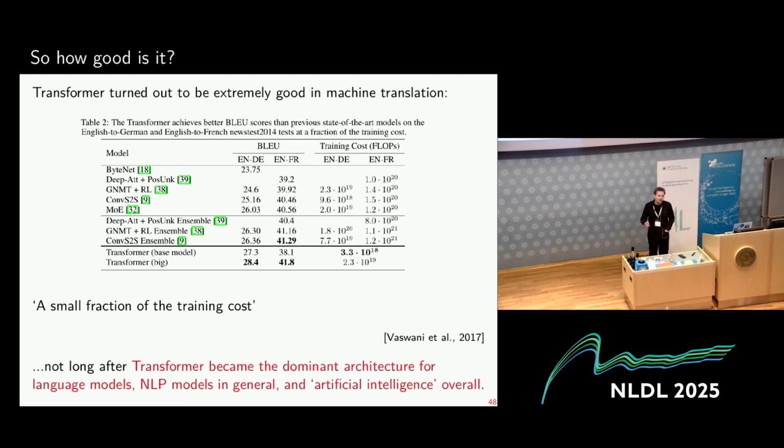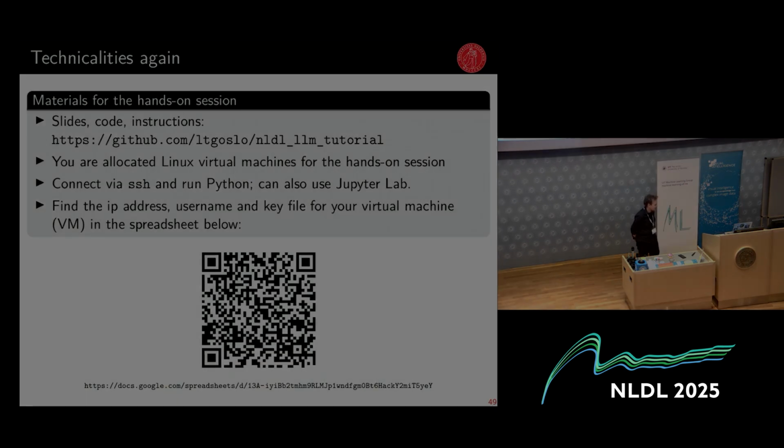But not long after 2017, as I've said, the transformer became really the dominant architecture for language models, natural language processing models in general, and artificial intelligence in general. So again, to conclude, almost any so-called AI model in the world that you can find nowadays, including language models, will be based on this or that variation of the transformer architecture.